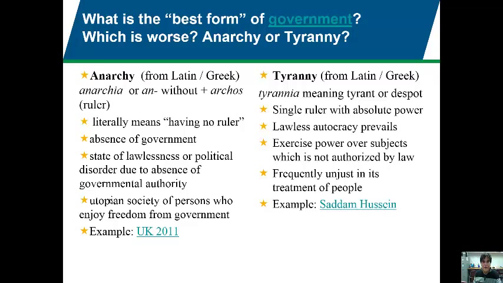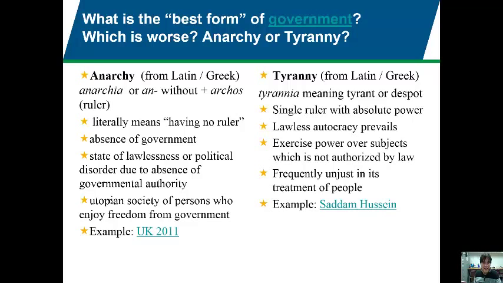And so the subjects are kind of free to do whatever they want, and it becomes lawless, kind of like anarchy. So the main difference between anarchy and tyranny is the fact that there is a ruler in place, but the citizenry is still acting pretty lawless, and there's nothing to really enforce that. The tyrant will often exercise power over his subjects which is not authorized by law, and it's frequently unjust in its treatment of people.